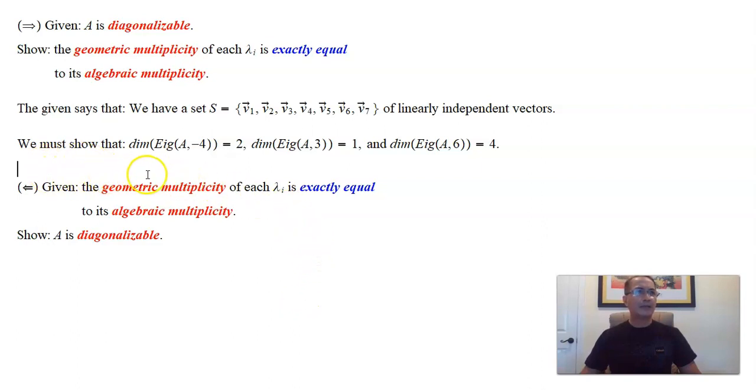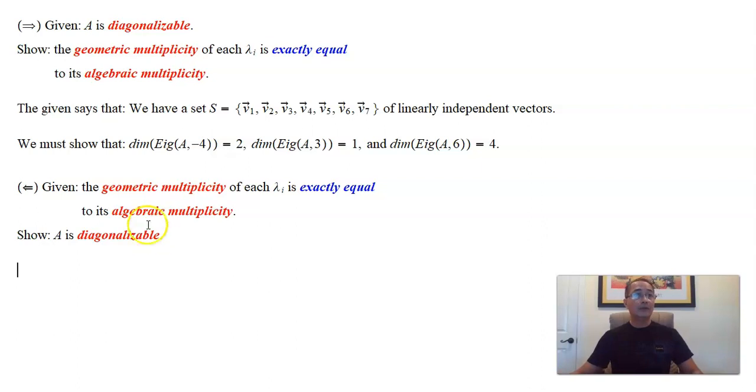I erased our diagrams over here because I want to now outline what we have to do in the backwards direction. This time, our given condition is our conclusion, and what we wanted to show in the forward direction is now our given condition. So if the geometric multiplicity of each lambda i is exactly equal to its algebraic multiplicity, we have to show that A is diagonalizable.